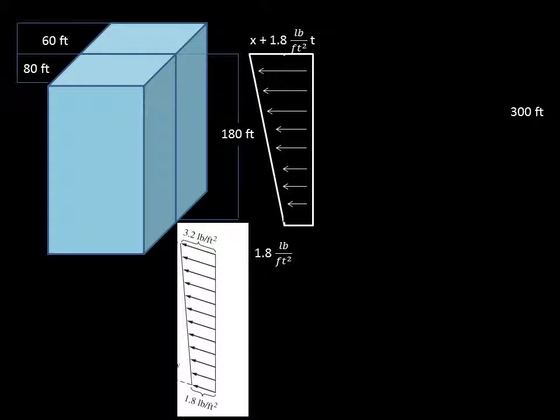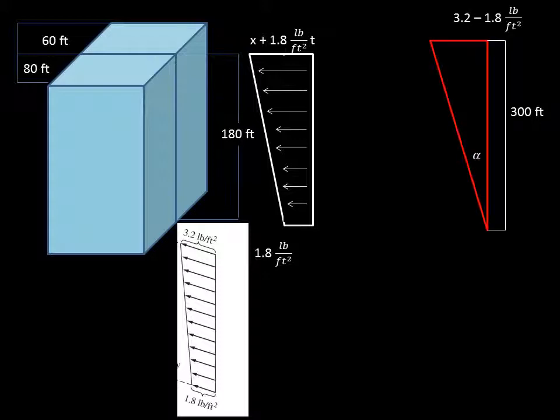Then, let us analyze the triangular component. Our unknown and the 3.2 pounds per square foot will be located at the shorter leg, while the altitude will be located at the longer leg.